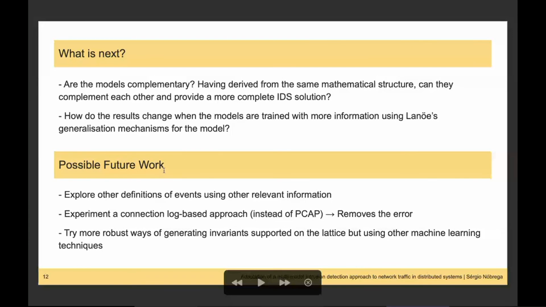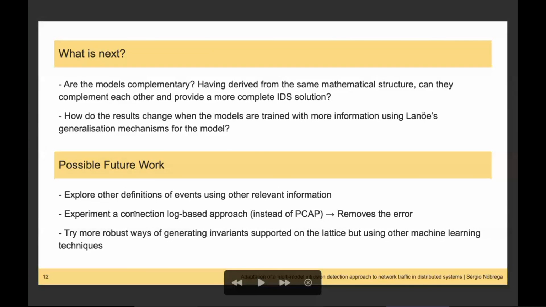And then regarding possible future work, it is to explore other definitions of events using other information, to experiment with a connection log-based approach instead of the pcaps. So the error that we have here is because we are using pcaps and then trying to match each packet to the respective connection on the label that they provide, on the log they provide.